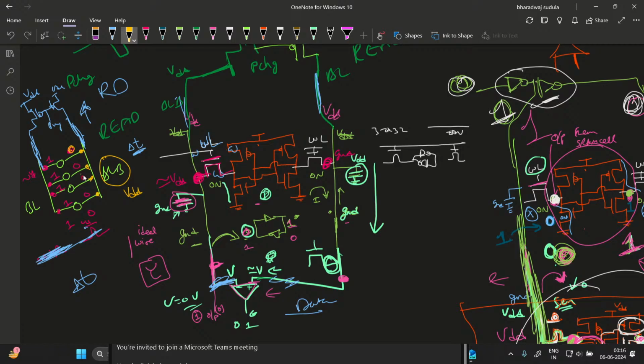These diffusions are not really charged, while the other diffusions have already charged to VDD or close to VDD. So this one takes less time to charge to VDD, and it wouldn't have reached VDD, only somewhat close to VDD. So this is a problem.